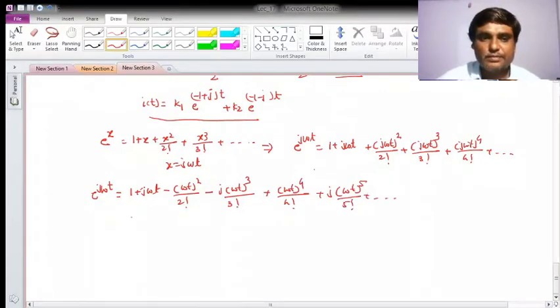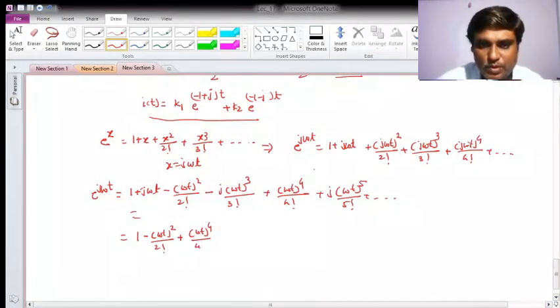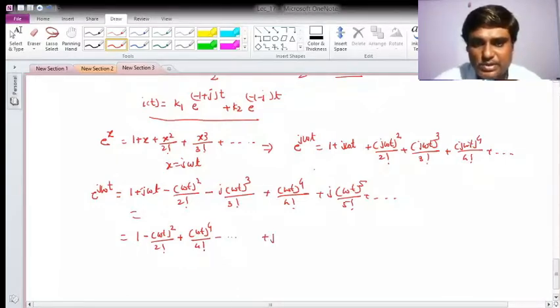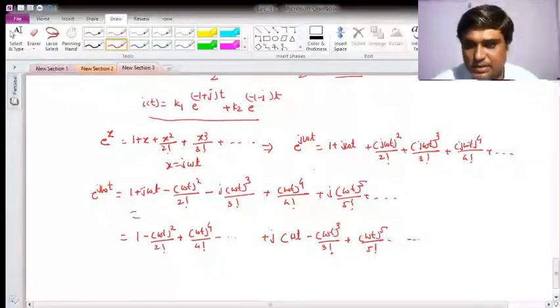From that I will separate the real and imaginary parts. My real part will be 1 minus omega t squared upon 2 factorial plus omega t raised to 4 upon 4 factorial, and the imaginary part is j times omega t minus omega t cubed upon 3 factorial plus omega t raised to 5 upon 5 factorial, like this.